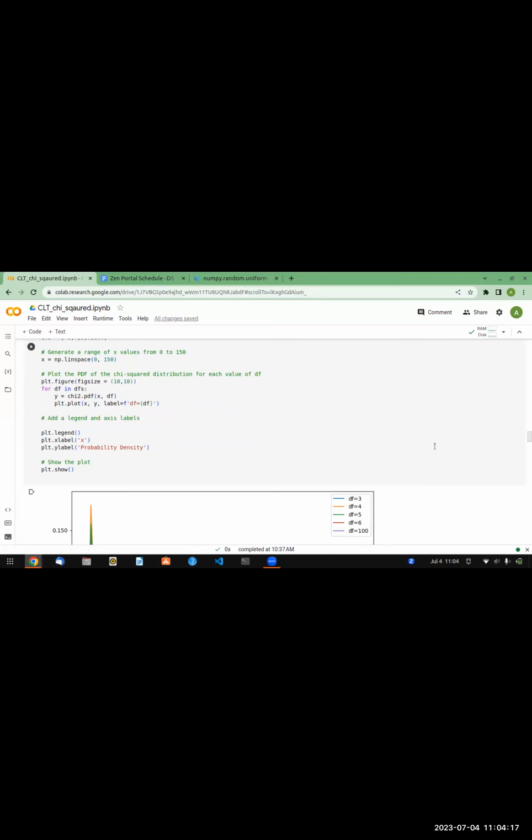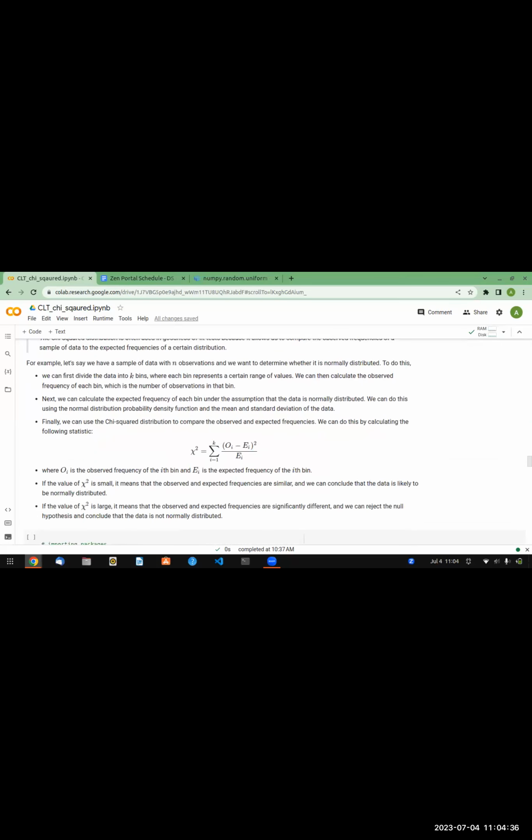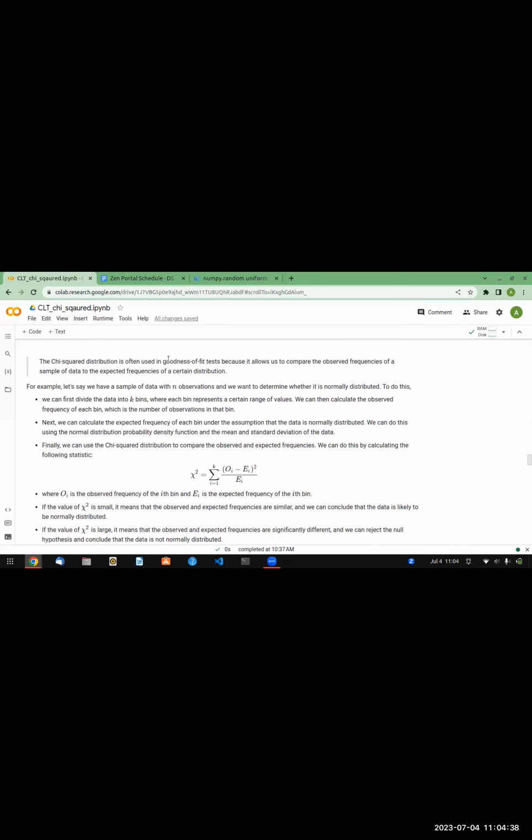If you want to test whether your data is following a normal distribution, you can use the chi-square goodness of fit test, which we are going to see not today but tomorrow.